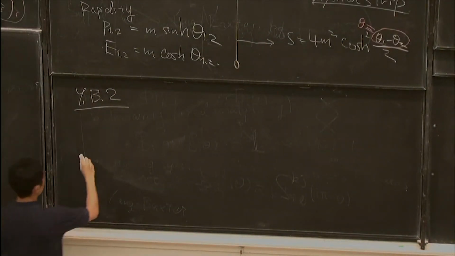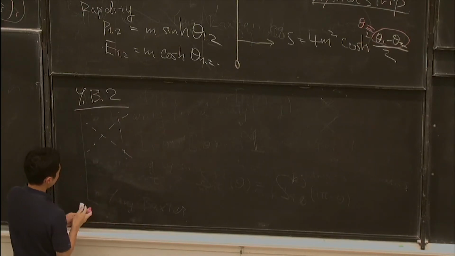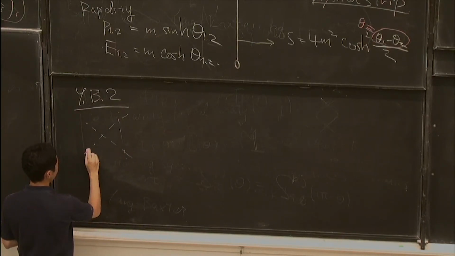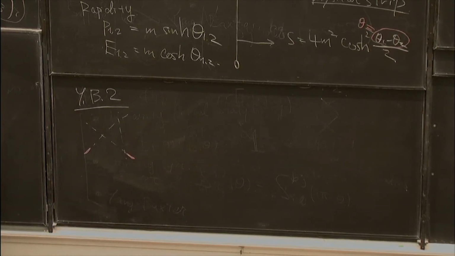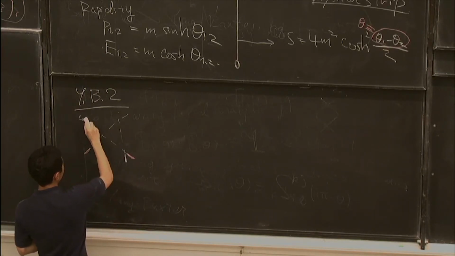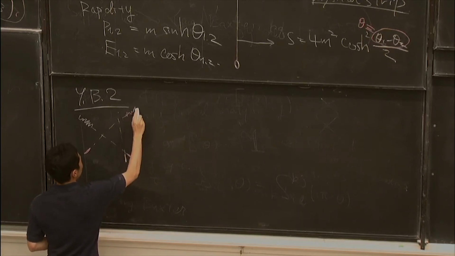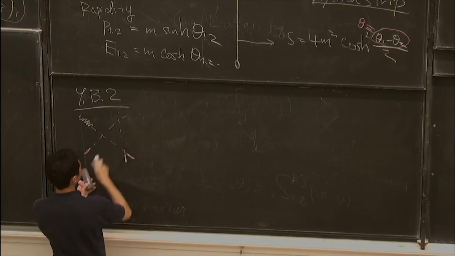Again, I have this picture, and I put a particle with the same index here and here. And then I put a particle with this index here. And then I put a particle with a different index here and here.